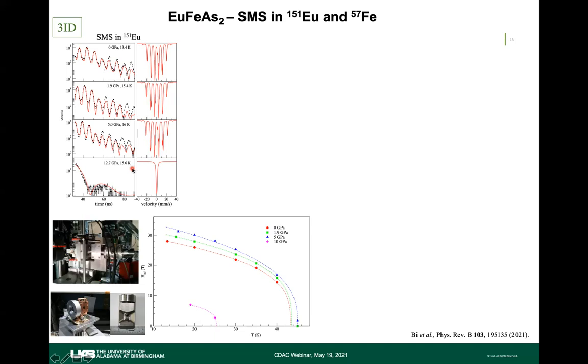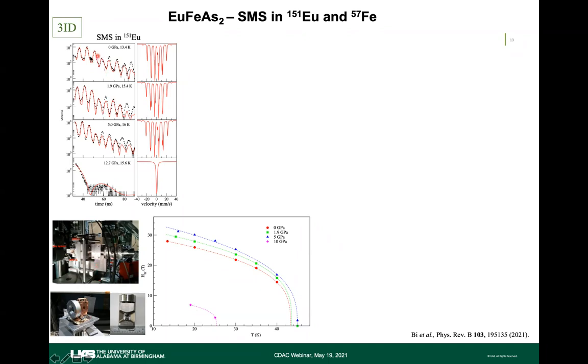Okay, and so we did this experiment at 3ID. We used helium pressure medium with this small miniature panoramic cell. We mount this cell in the helium flow cryostat and change the pressure at low temperatures.